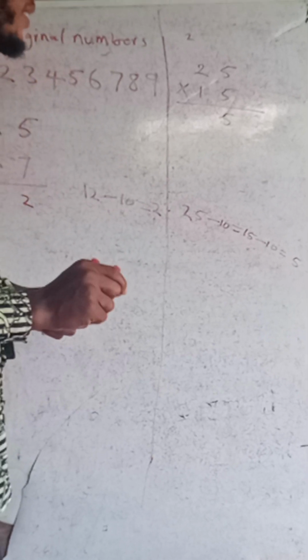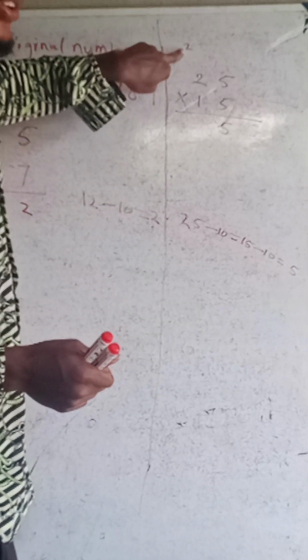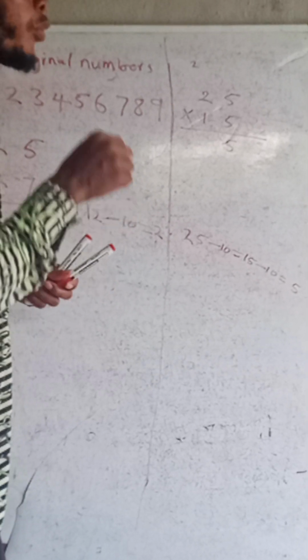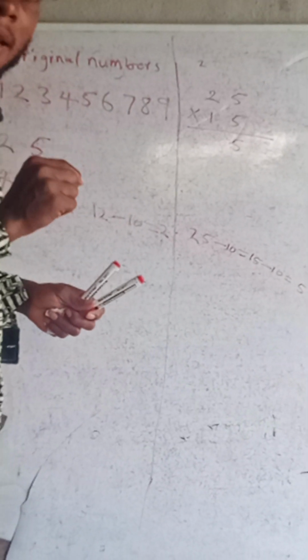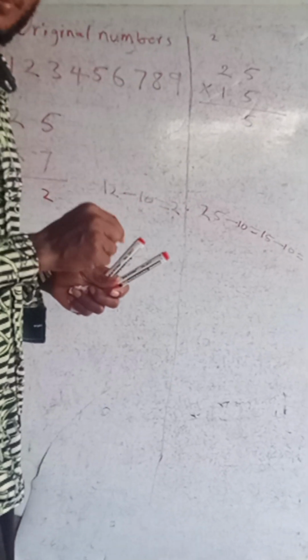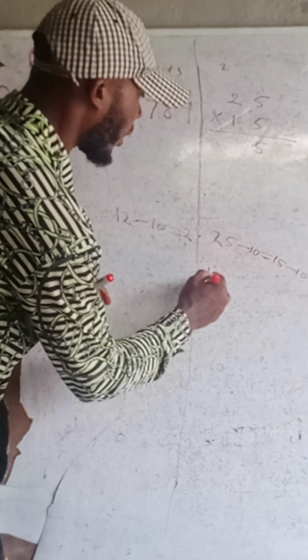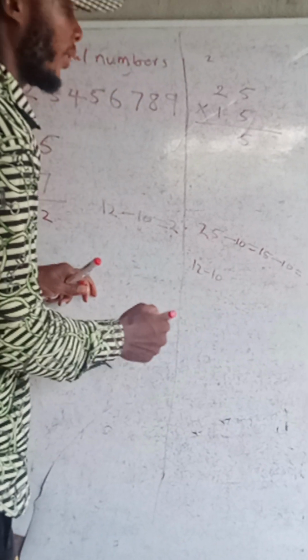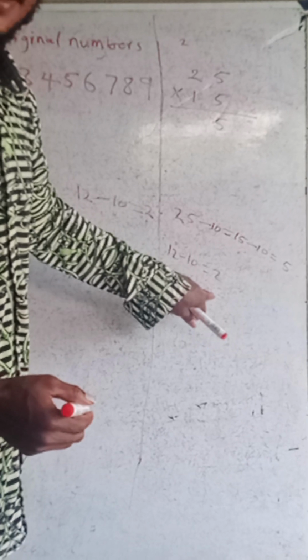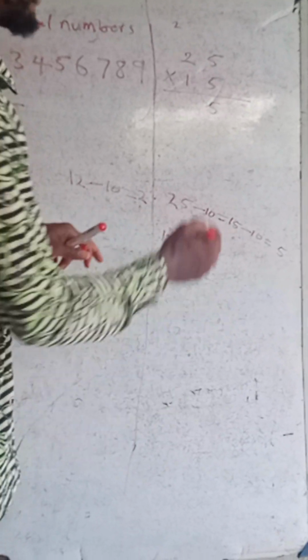And 10 plus the 2 we raised is 12. So 12 is more than the natural base 10. Since 12 is more than natural base 10, you minus. 12 minus 10 is 2. 2 is less than 10, so we can write 2 here.